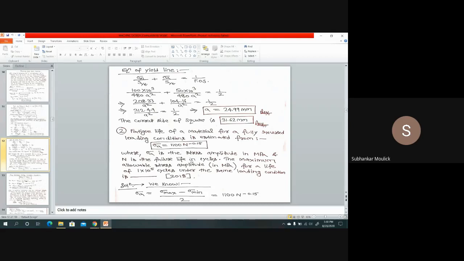Maximum allowable stress in megapascal for a life of 10 to the power 5 cycles under the same loading condition is dash.